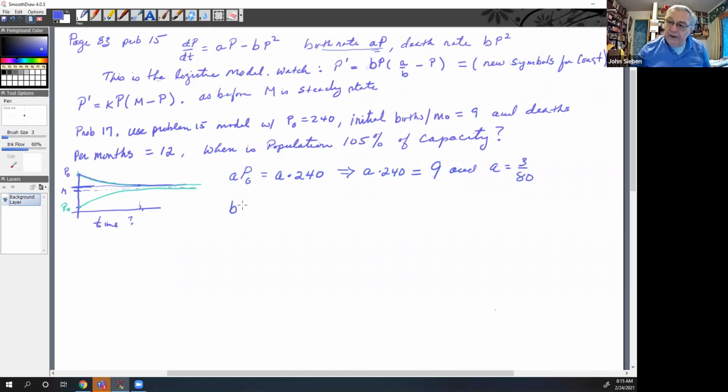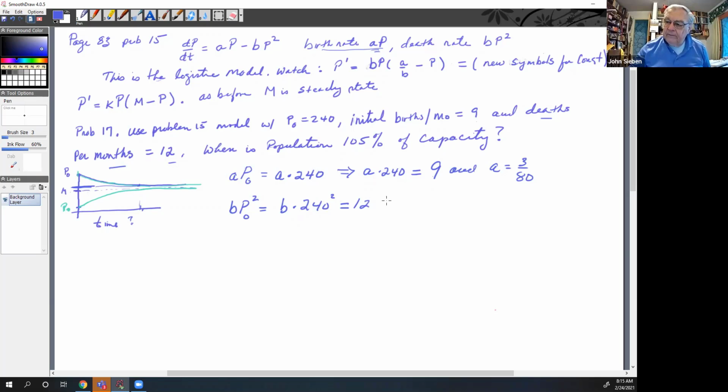We also know that B, P0 squared, is equal to B times 240 squared. And that would be equal to, given in the problem, the initial deaths per month is 12. So that would be equal to 12.